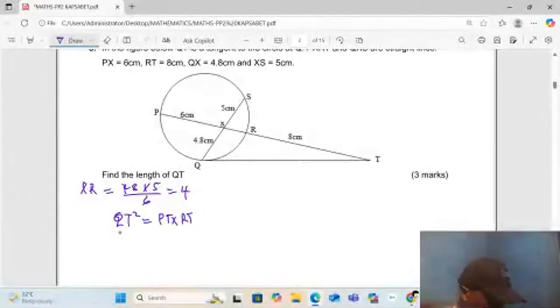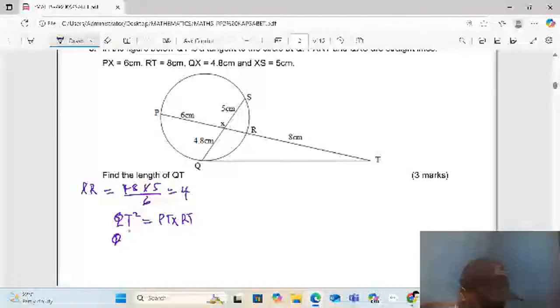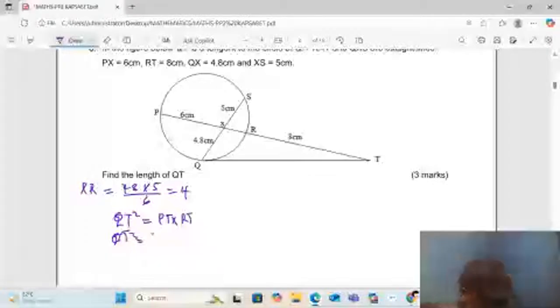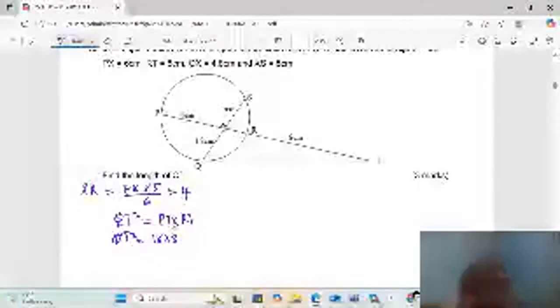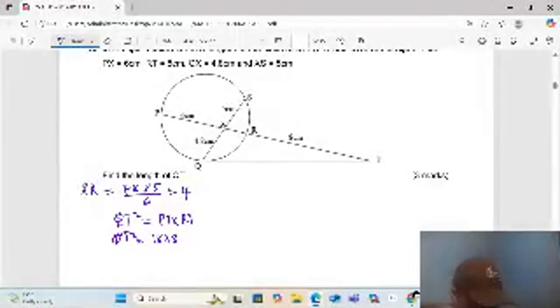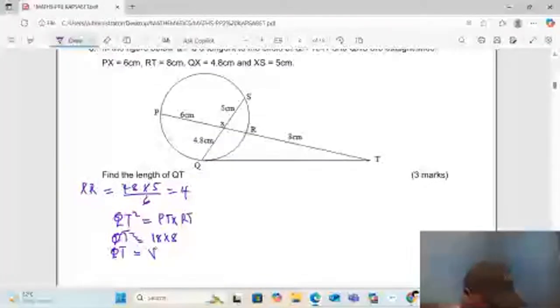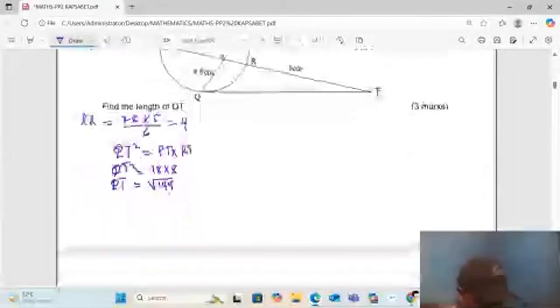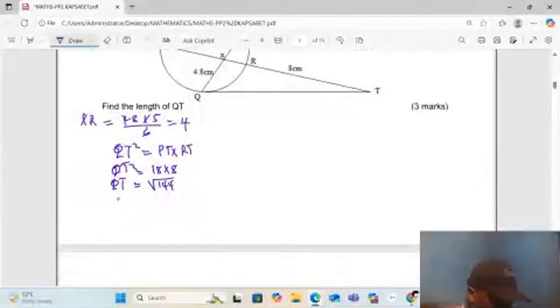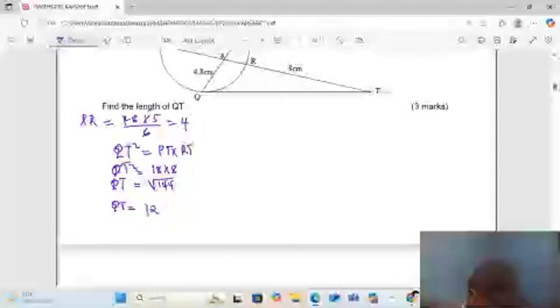So that we have QT squared equal to 18 times 8, so that QT squared is equal to 144, and QT is the square root of 144, which is 12.